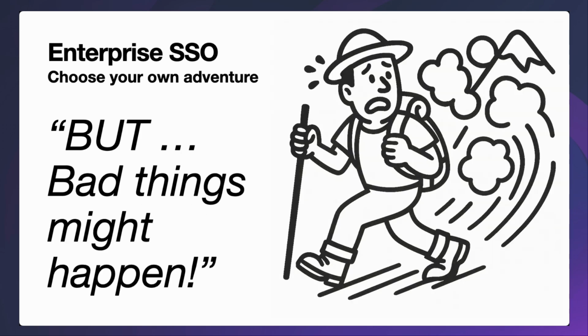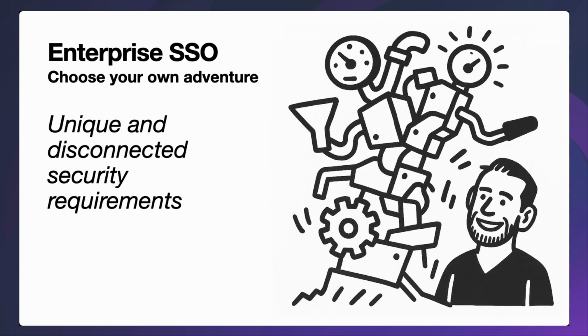The downside is that you can kind of do anything, and the security team's worried about bad things that might happen. And so they come up with different things that they hope will prevent a bad thing from happening. And so what you end up with is the enterprise has sort of decided, hey, here's what our security profile is.